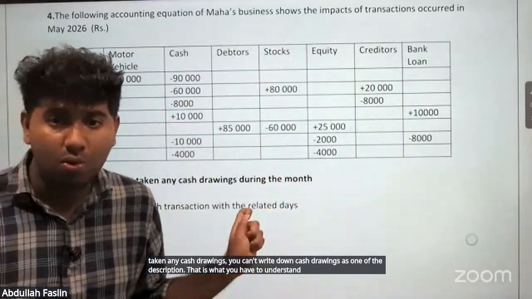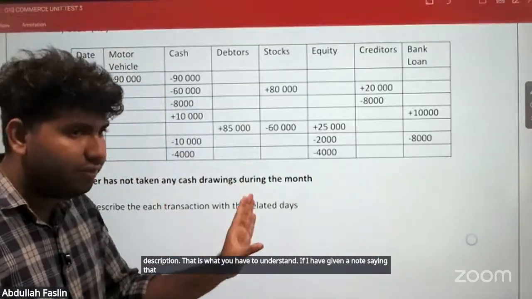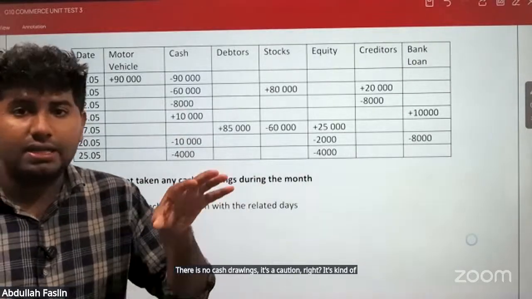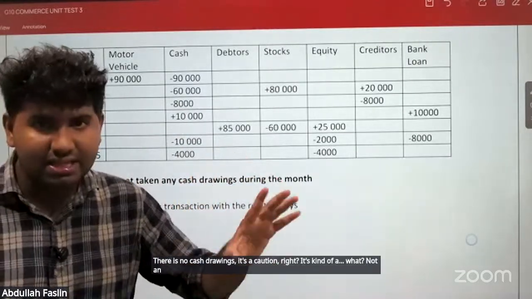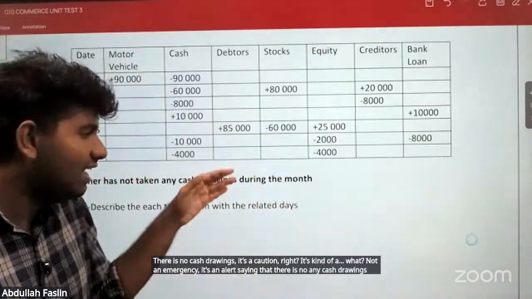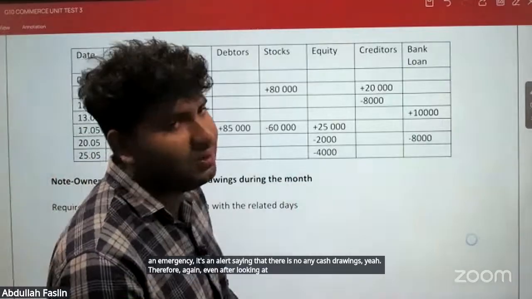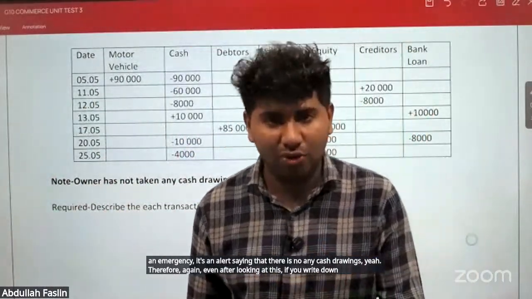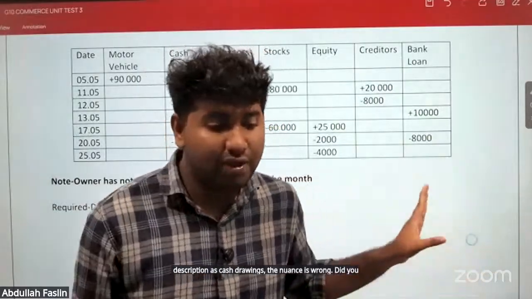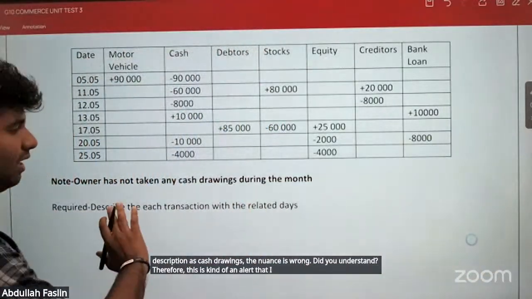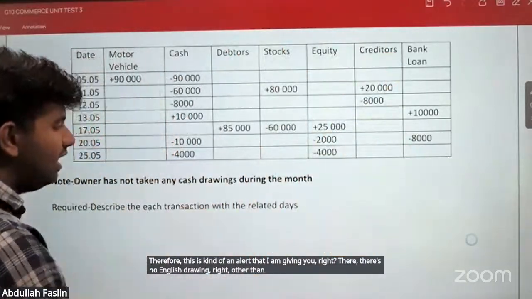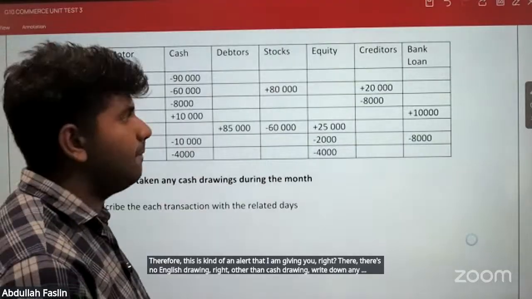It's an alert saying that there are no cash drawings here. Therefore, even after looking at this, if you write down the description as cash drawings, then your answer is wrong. Did you understand? Other than cash drawings, write down any description.